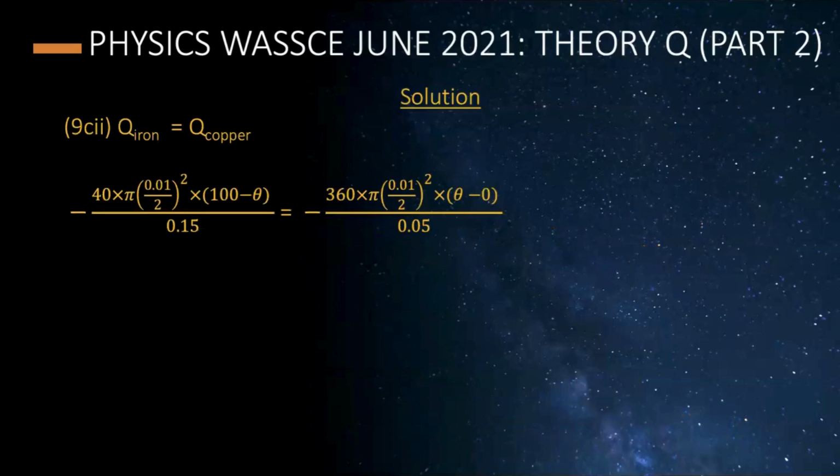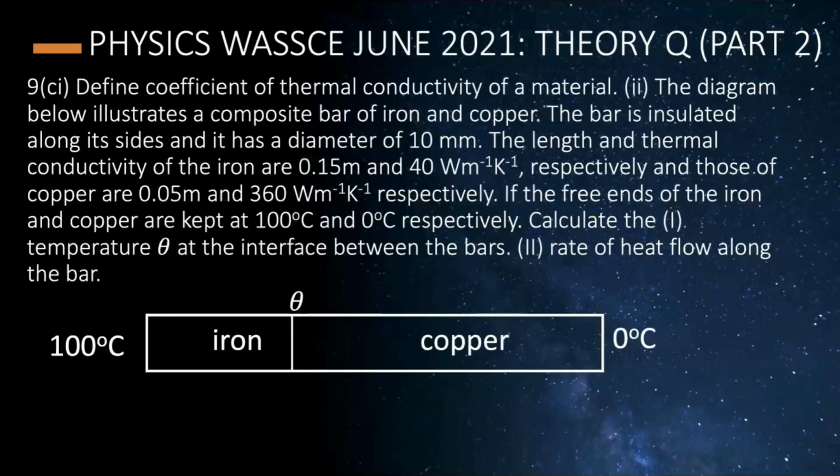We are still trying to solve this equation. Okay, so let's get back to the equation again, just to refresh our memories, because what we've just done is write down parameters, making it easy for us to solve and understand, but we have not answered the question yet. So: calculate the temperature theta at the interface between the bars.